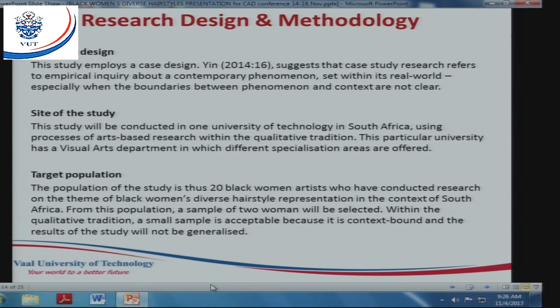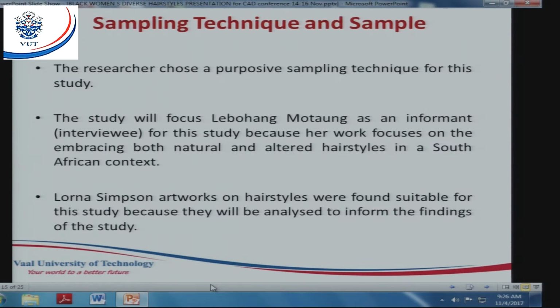But within this population, a sample of 2 black women will be selected. Within the qualitative tradition, a small sample is acceptable because it is context-bound, and the results of the study will not be generalized. The researcher chose a purposive sampling technique for the study.